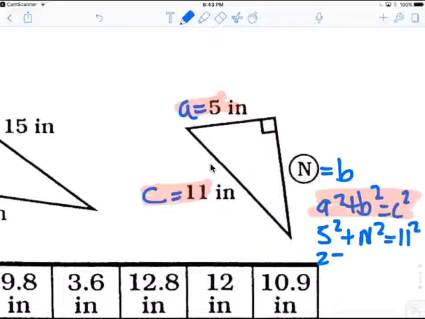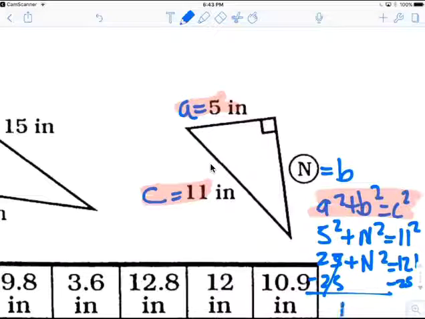So you got 25 plus n squared equals 121. Subtract 25 from both sides. You get n squared equals 121 minus 25.